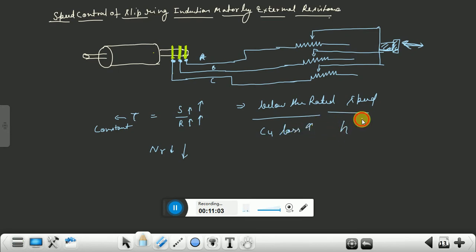Copper loss increases means our efficiency decreases. And basically when we add this resistance, heat also increases. So this is a drawback of this method. Generally we don't prefer this method.